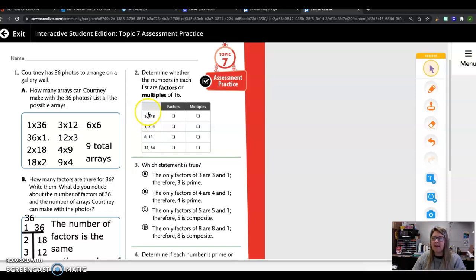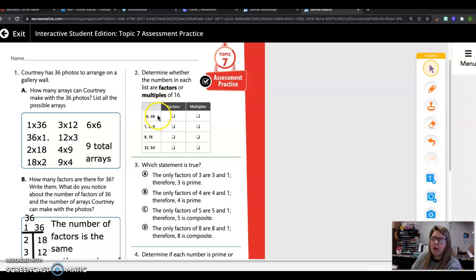We have 16 and 48. Can you multiply 16 times anything to get to 16? Yes, 1. So we can technically multiply 16 times 1. But what about 48? Can you multiply 48 times anything to get to 16? You would end up having to divide there.